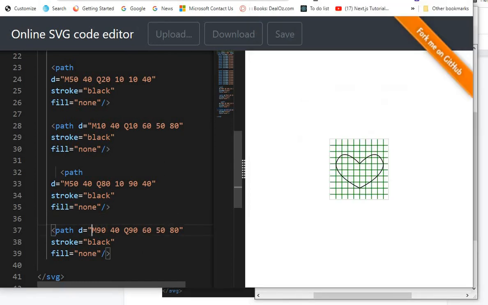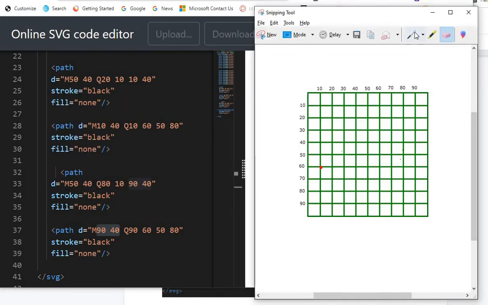You can see here 90 and 40 is the ending point of this path, which is here, and this is the starting point of this curve.